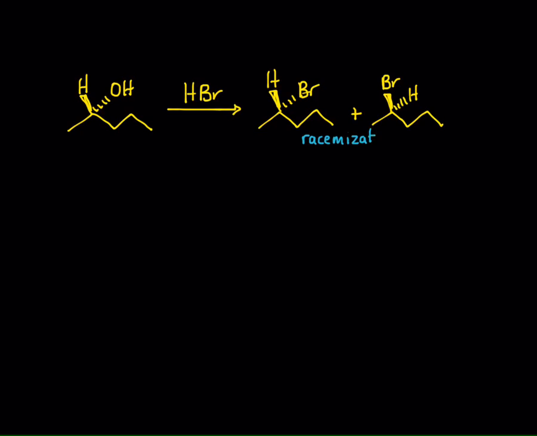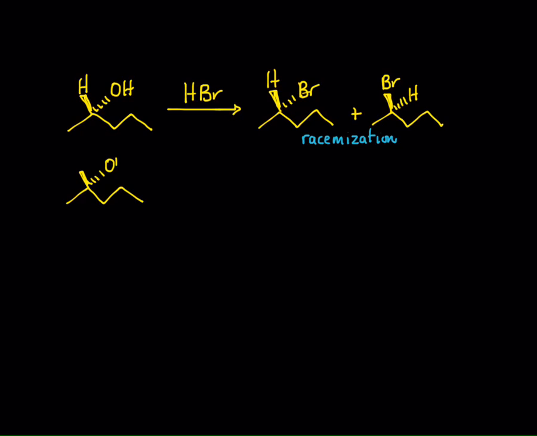In other words, I get racemization. Is that what I want? No, I need to retain the stereochemistry of that stereogenic carbon before I undergo my substitution with azide to form my alkyl azide. If I react it with these reagents, I'm not going to get the product that I desire.